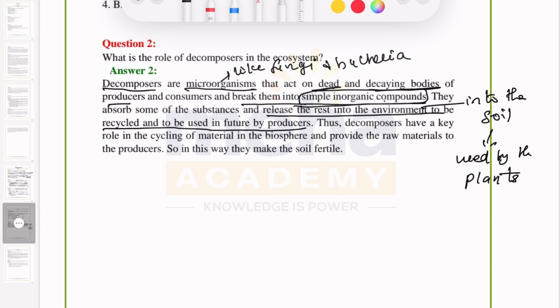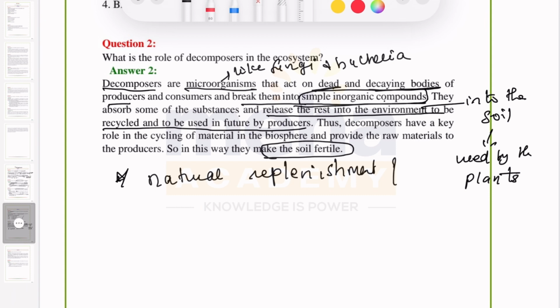They also make the soil fertile. And the last point is that they help in the natural replenishment of the soil.